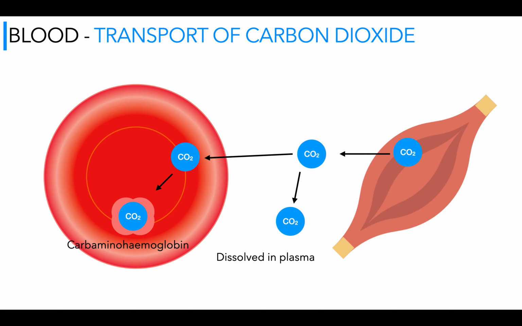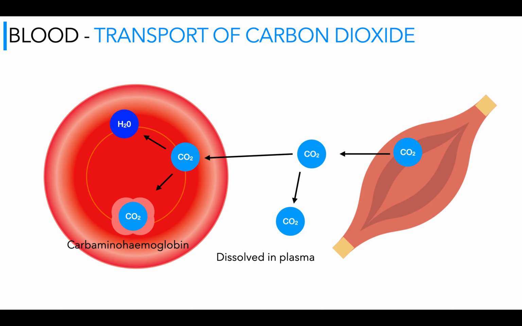So around 23% of carbon dioxide is transported as carbaminohemoglobin, within hemoglobin. Again, we have that binding with hemoglobin, and we get carbaminohemoglobin. But the majority of carbon dioxide is dissolved in water.